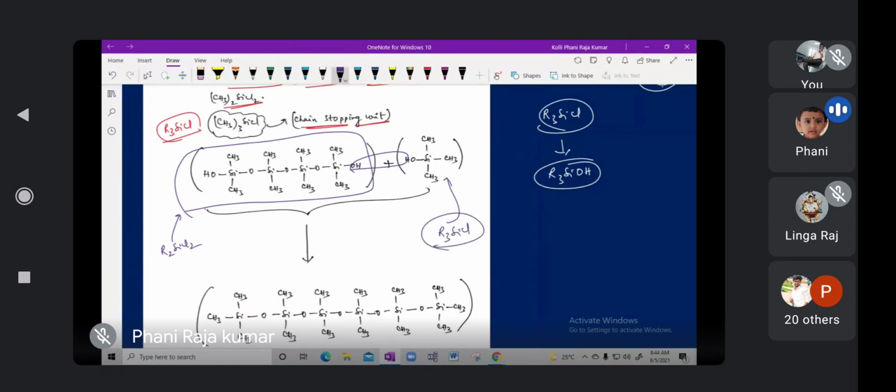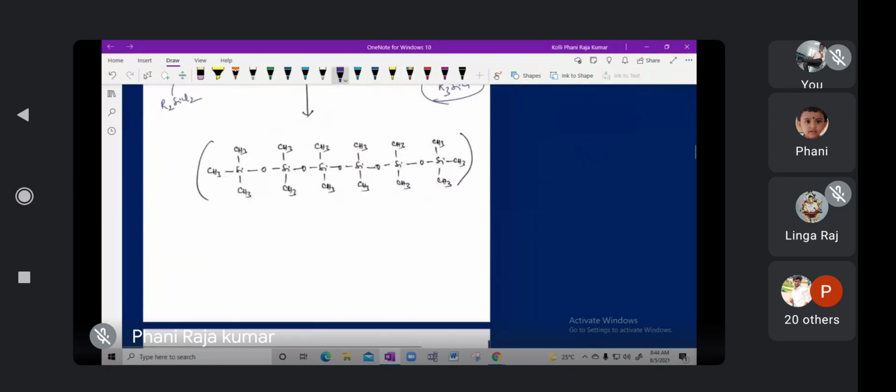So the R3SiCl unit is used to stop the chain length formed by R2SiCl2. That's why it is called the chain stopping unit. On the left side also we can write one more molecule, then we can control the left side too. Both ends are controlled by adding R3SiCl to the reaction mixture containing R2SiCl2. The chain length is stopped here. Other extension is not possible because of the methyl groups here.